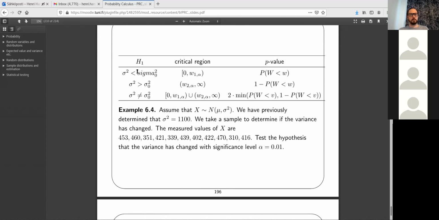There's a little bit of a misspelling here. That should be sigma squared.